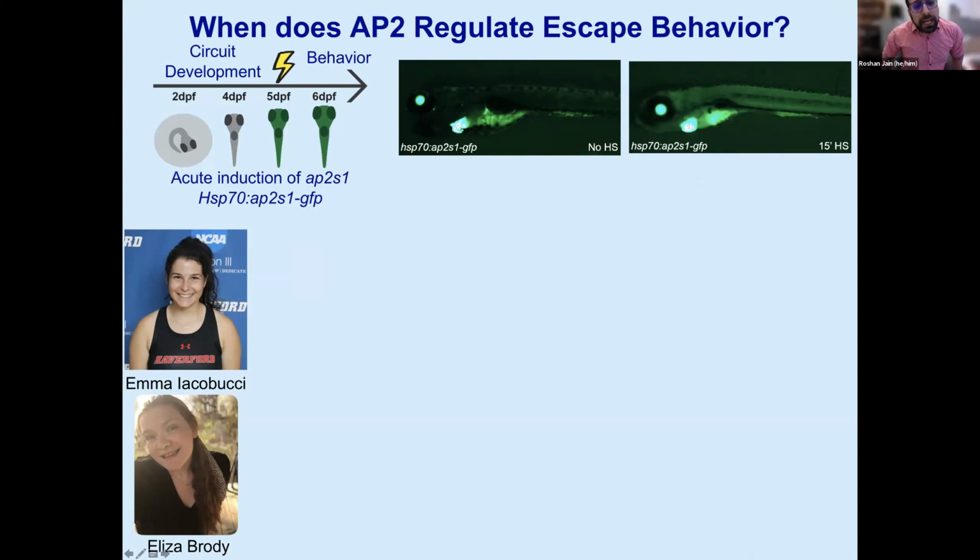And so what Emma and Eliza did was they gave that heat shock at 5 days post-fertilization, so that all of the circuitry to allow the performance of these behaviors, as well as allow the habituation and behavioral selection, has already been developed. At 5 days post-fertilization, they can already make those decisions and they can learn. So she gave them that heat shock and induced expression when they were 5 days old, and then tested their behavior a day later at 6 days.